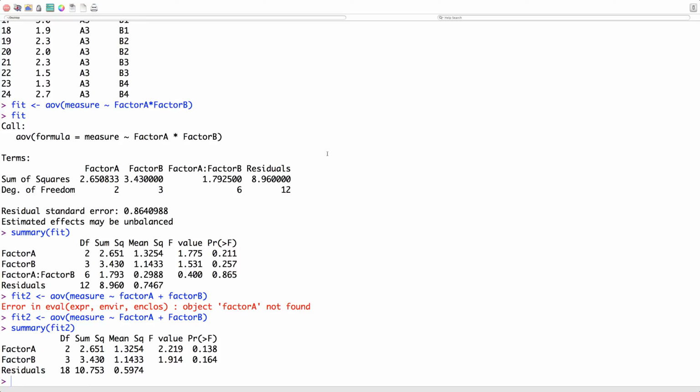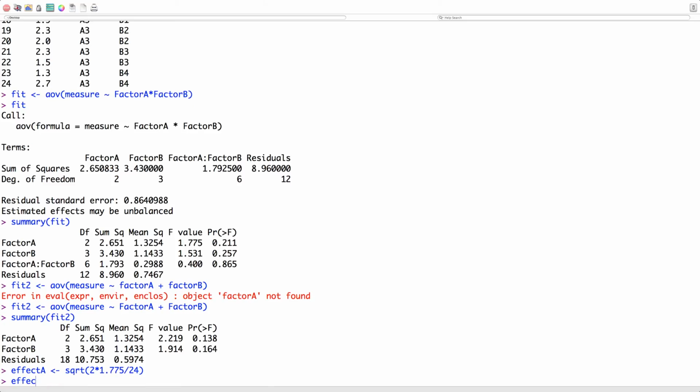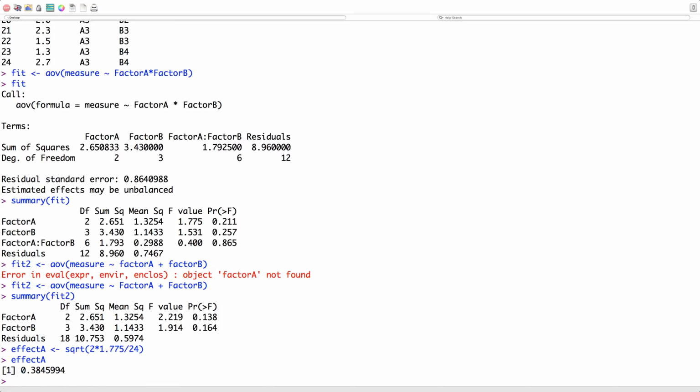So we have the effect for factor A will be the square root of, factor A has 3 levels, so we have 2 times the F value, so 1.775, divided by n, which is 24. So the effect size for A is 0.38. Wow, that's higher than I expected.